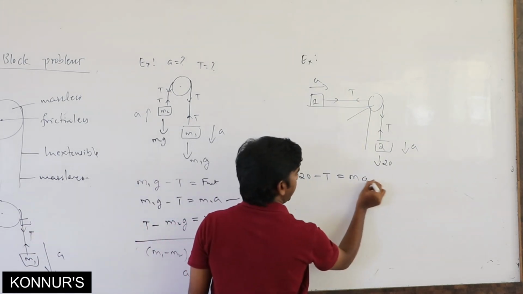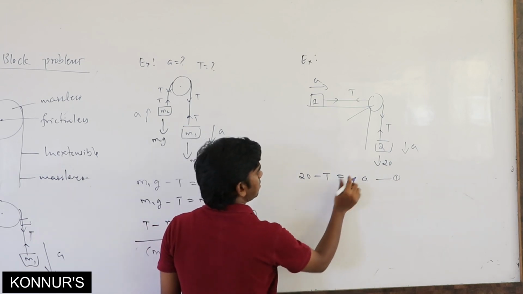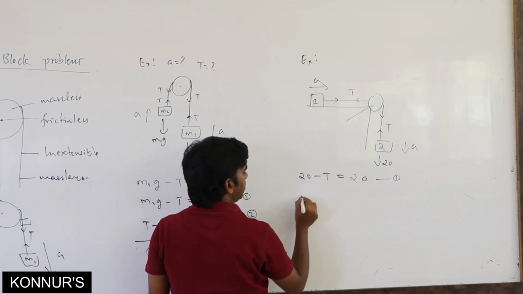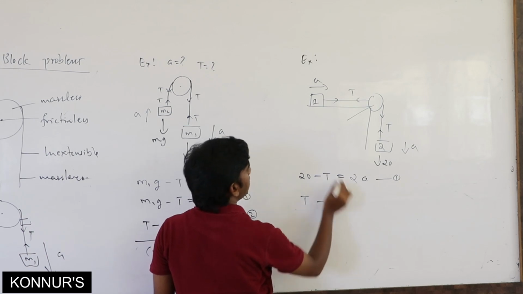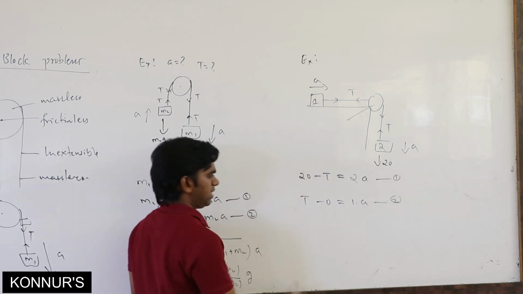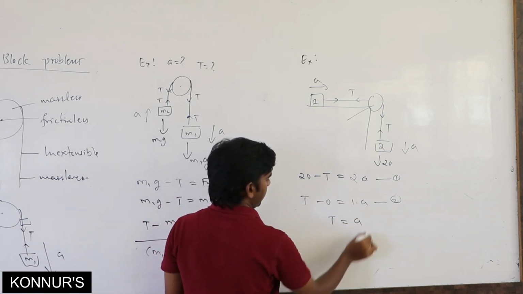Mass into acceleration, you got one equation. So what is the mass? Mass is 2 kg, so you get 2a. Here, tension is in this direction, minus, nothing is there, 0 equals 1 into a. You got the second equation. So directly you are getting T equals a.